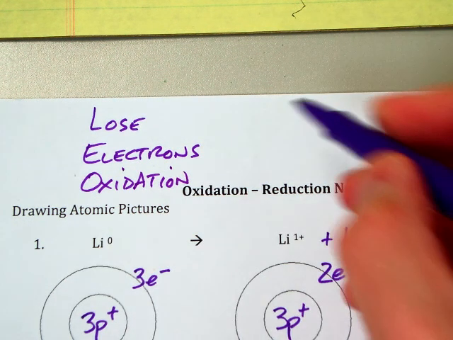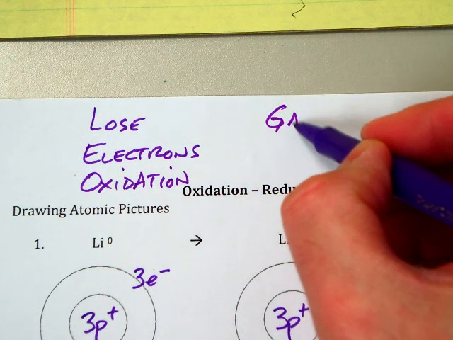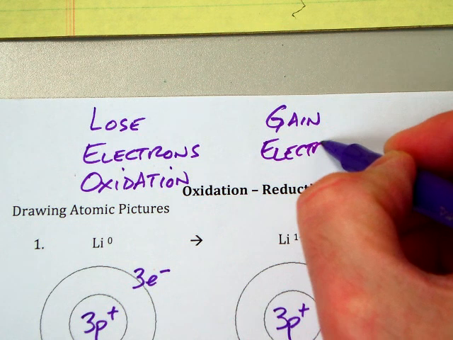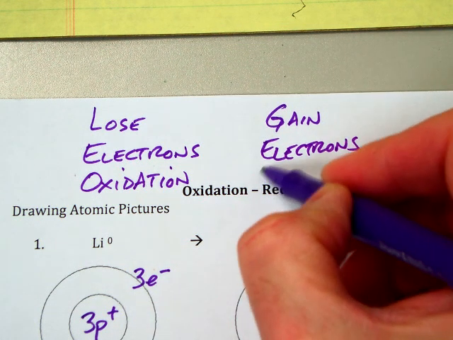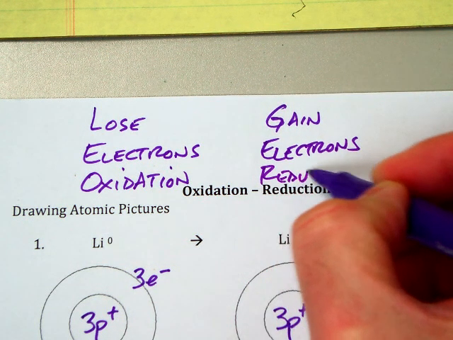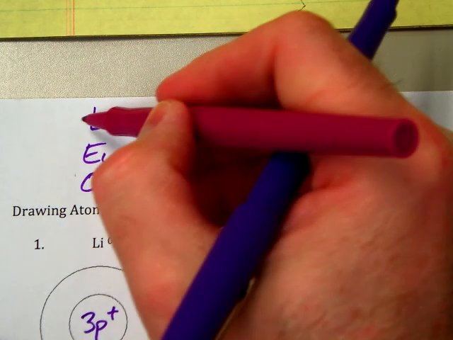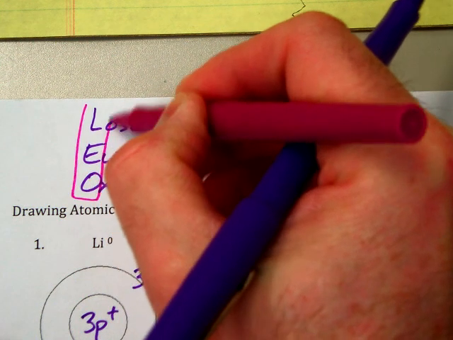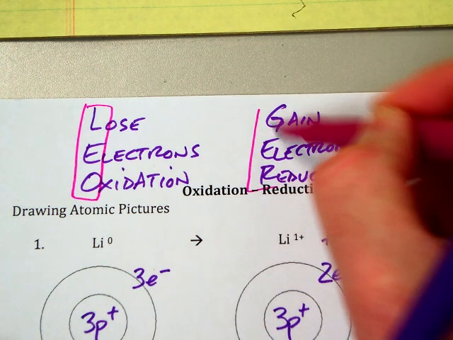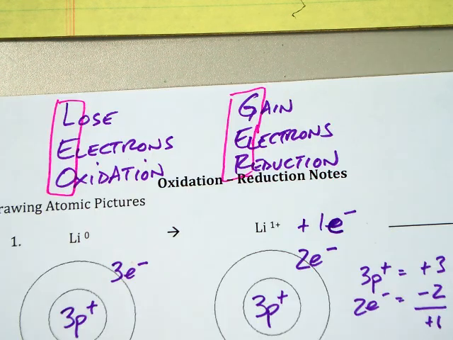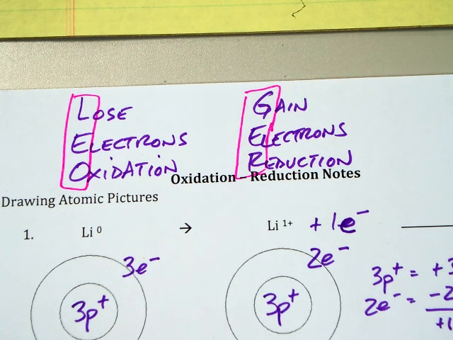Okay, and when you gain electrons, it's called reduction. So how we can remember that is a little mnemonic device. We say that Leo goes grr. Okay, Leo goes grr, and that's a way for us to remember what you call it when you gain or lose electrons.